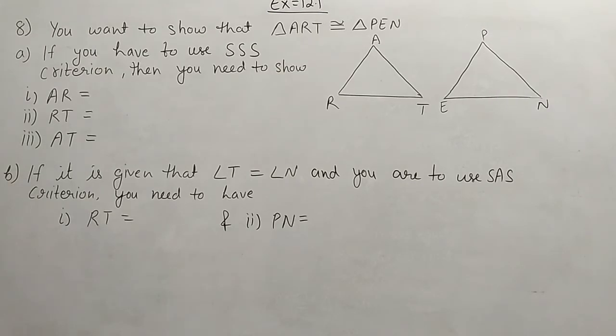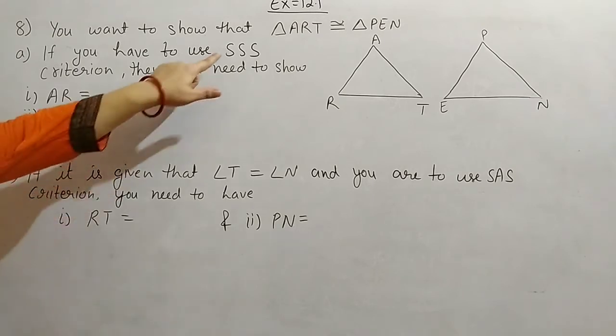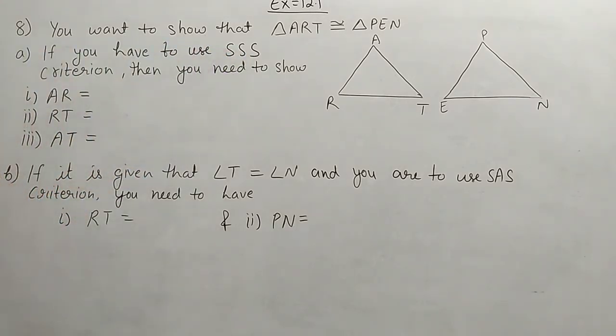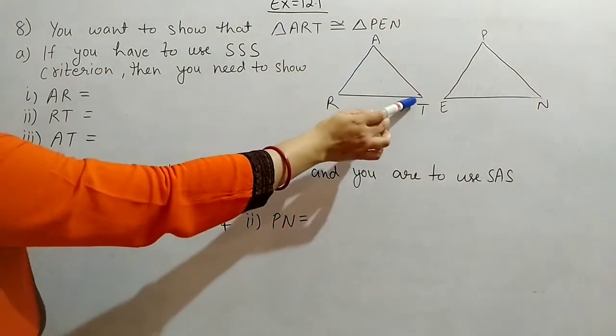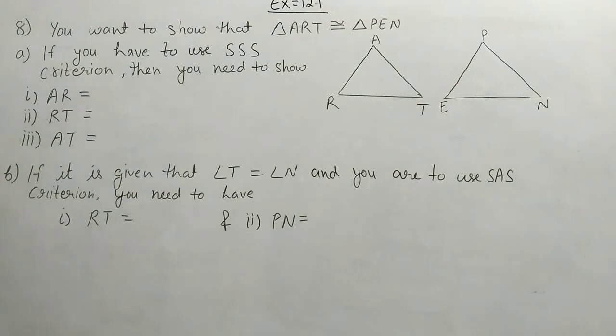Next, question number 8. You want to show that triangle ART is congruent to triangle PEN. First part, if you have to use SSS criterion. SSS means all the three sides we have to compare here. Now we will compare the sides. Suppose these two triangles are congruent to each other, triangle ART and PEN.